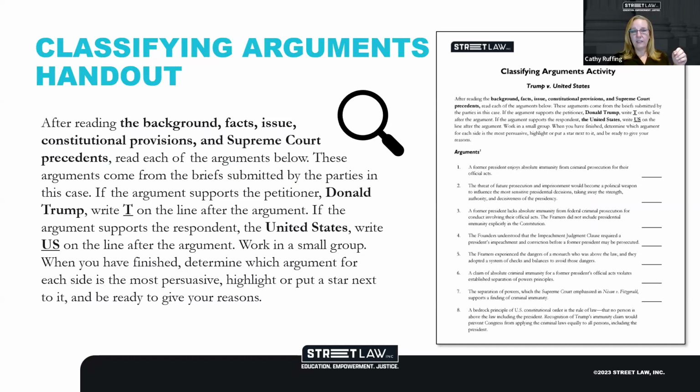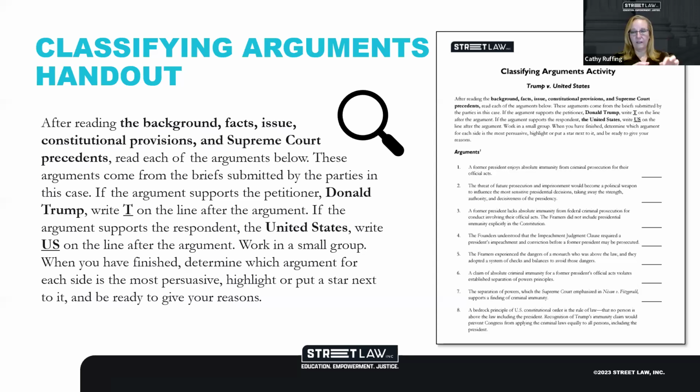So in this activity, you can approach it one of two ways. We have a handout for it. Again, it's in those linked materials, and you can find it by going to store.streetlaw and just searching for Trump v. US. In this handout version, you just have these instructions where the students are going to read each argument and put a T on the line if they think it's an argument for Trump, and a US on the line if they think it's for US.